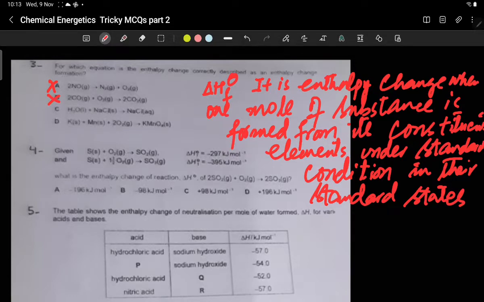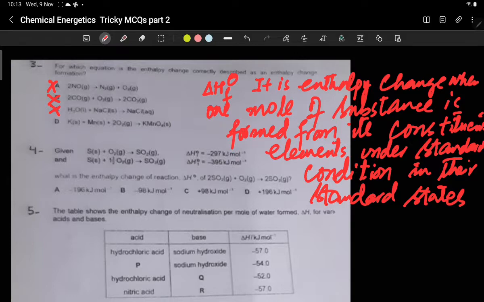H2 and NaCl, so this is also incorrect. So D option is correct because on the reactant side only elements are there. This is potassium manganate, and oxygen is an element, manganese is an element, and potassium is an element.